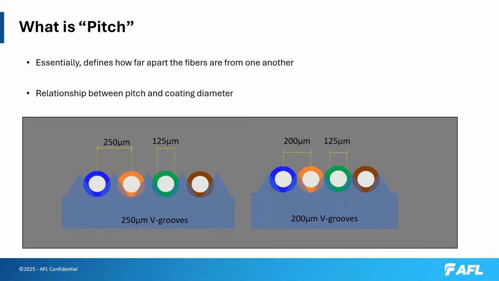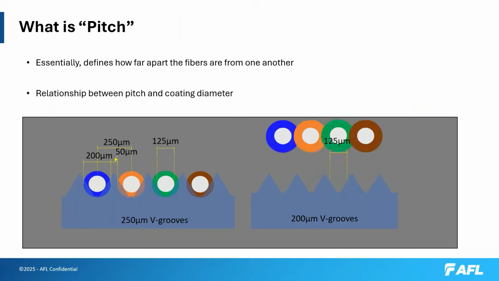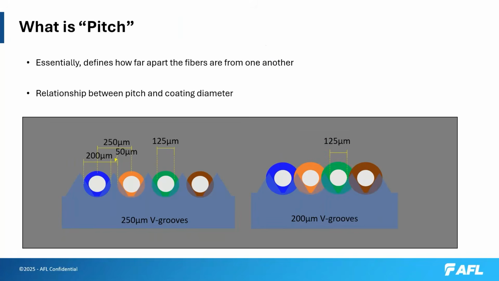But if you take a 250 and you roll it into the 200 micron, you actually have a physical contact issue, and of course, this will not work at all. You have to use 200 micron with the 200 micron V grooves, or maybe 190 or 180 coated fiber. I've heard that as spec sheets before, and that certainly would be acceptable.